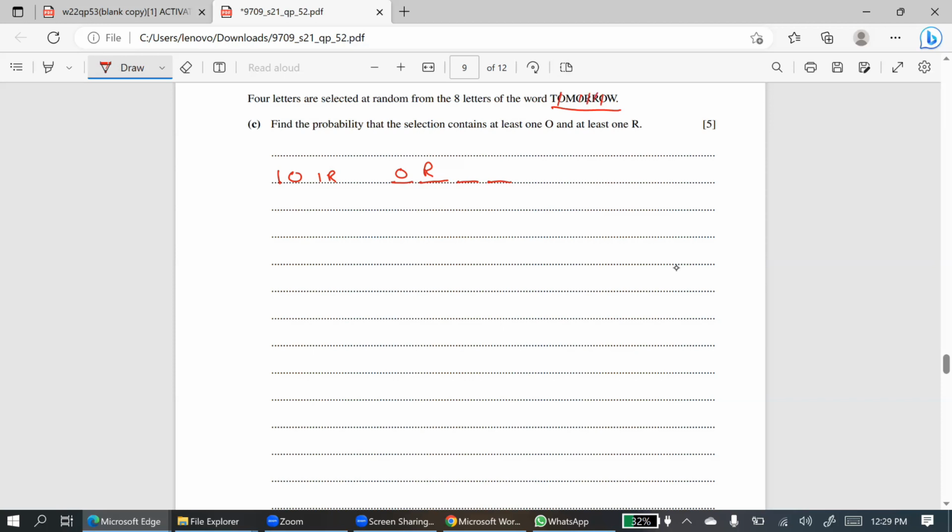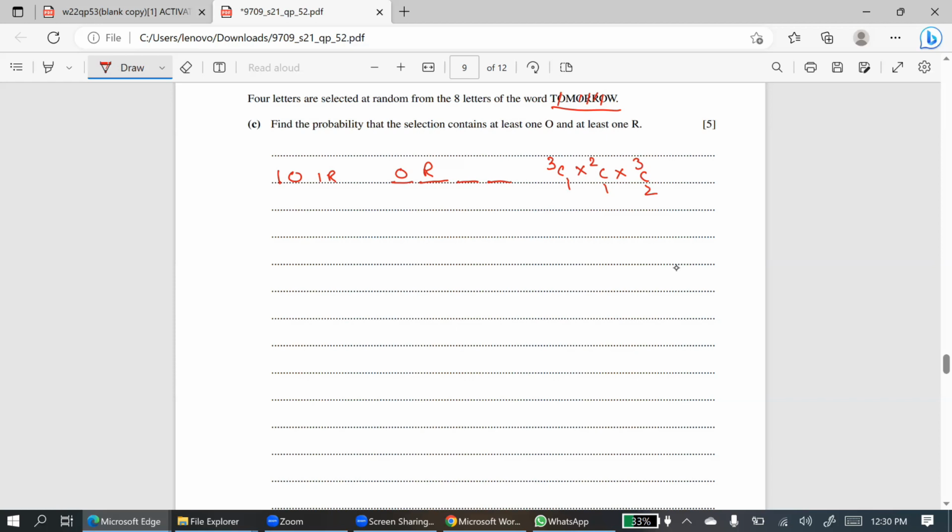We are left with only 3 letters. So, in case of probability, we will use the combination on the repeated letters. Out of 3 O's, we will select one, and out of 2 R's, we will select one. And out of the remaining 3, we will select 2.